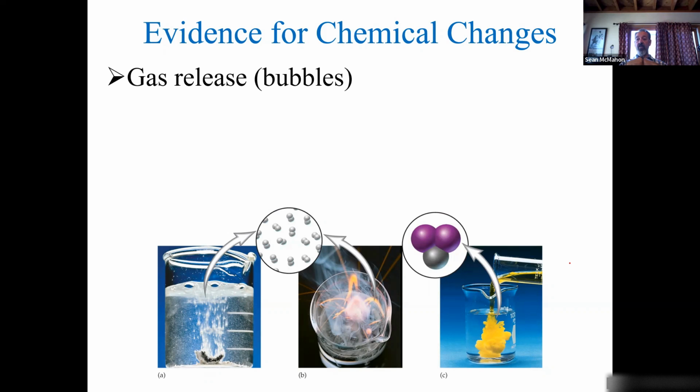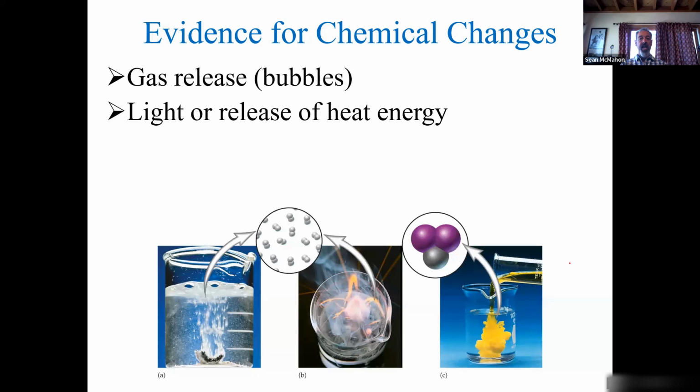It's a physical change as well, but I'm actually chemically changing it. Like if I add Alka-Seltzer and it starts fizzing, that is a chemical change, okay? Any light or heat released or absorbed is a chemical change, right?